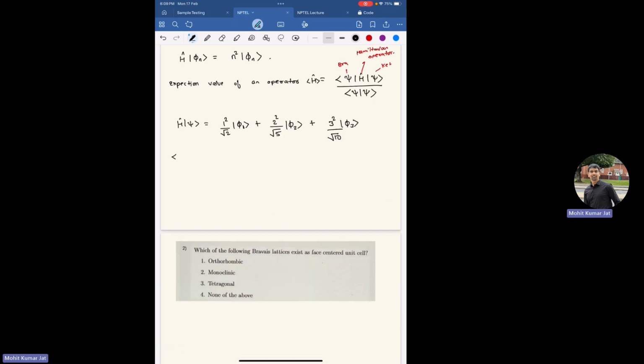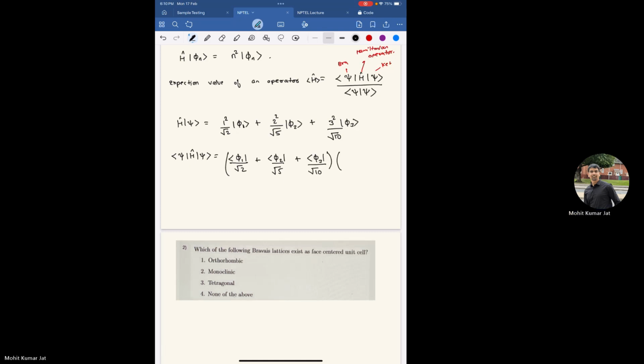Now, what is this psi h psi? It will be phi 1 by root 2 plus phi 2 by root 5 plus phi 3 by root 10, and it will go and club with phi 1 by root 2 plus 4 by root 5 phi 2 plus 9 by root 10 phi 3.